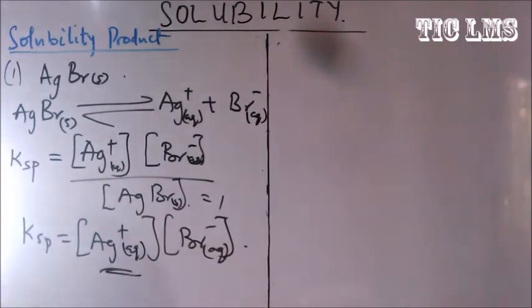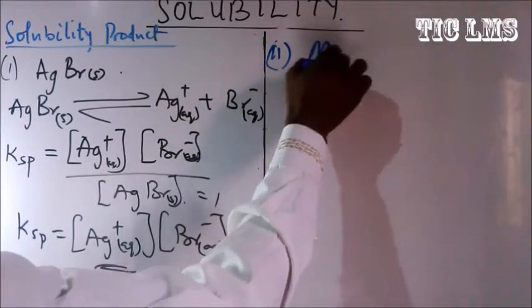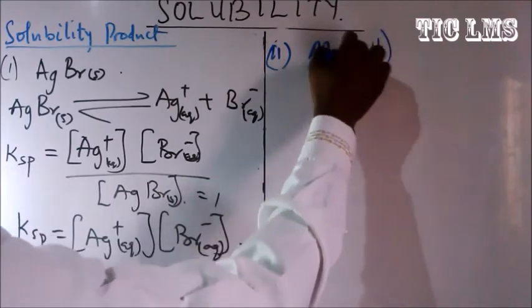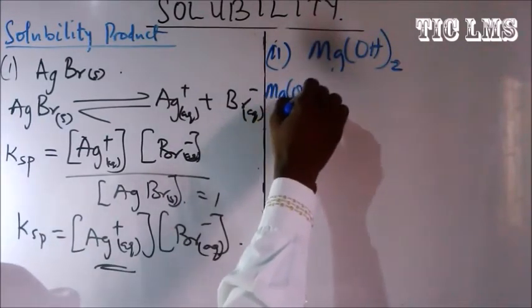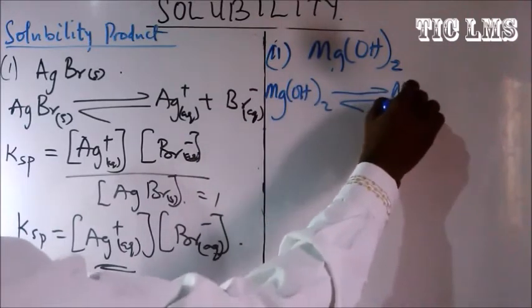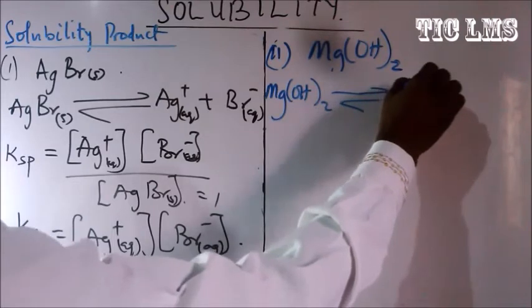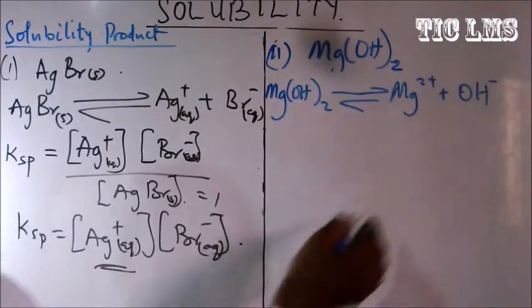This is the answer. We want to write the solubility product expression for magnesium hydroxide. Magnesium hydroxide, which was dissolved in water to produce Mg2 plus and OH minus.